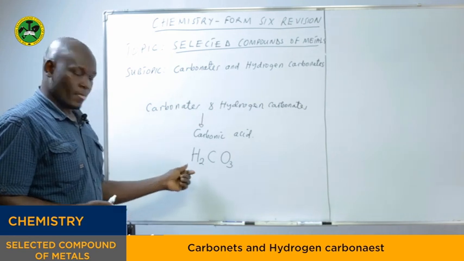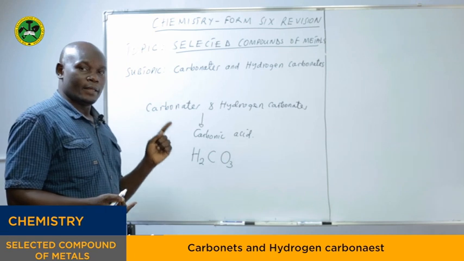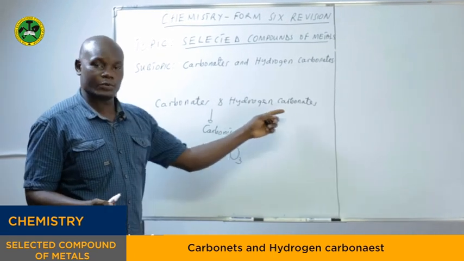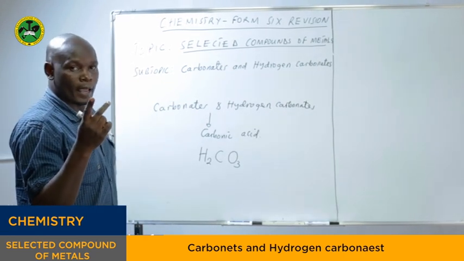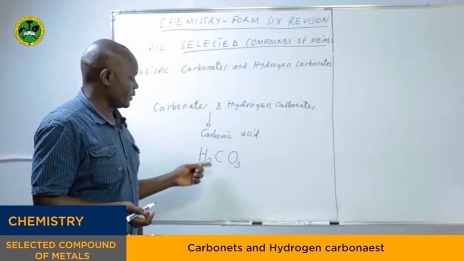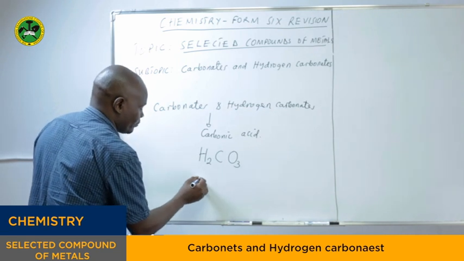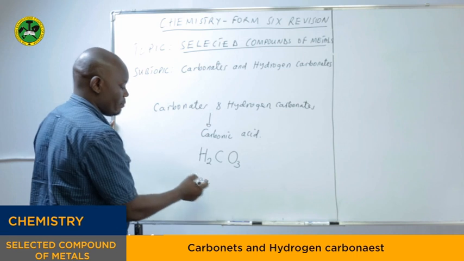Once one hydrogen atom is replaced by a metal, then the compound is known as a hydrogen carbonate. But if two hydrogen atoms are replaced by a metal, then it is known as a carbonate.